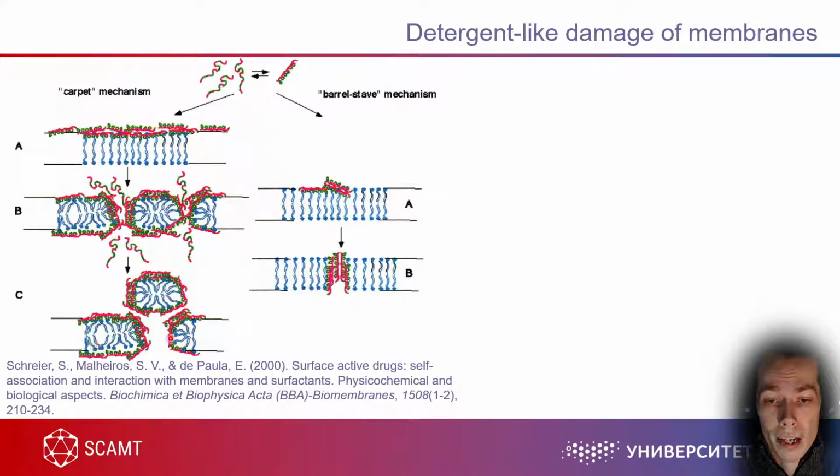This hole cannot be repaired by the cell itself because, as you can see, surfactants shield these lipid molecules, and this hole is just a hole, as well as, I don't know, a wound in your organism.